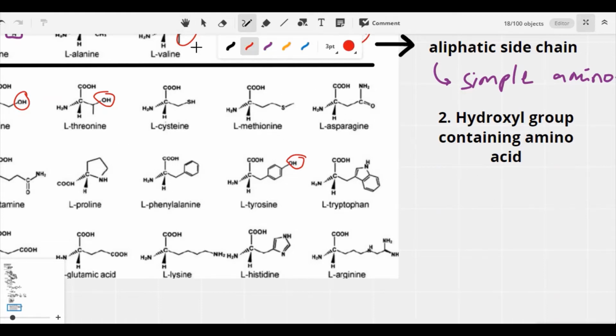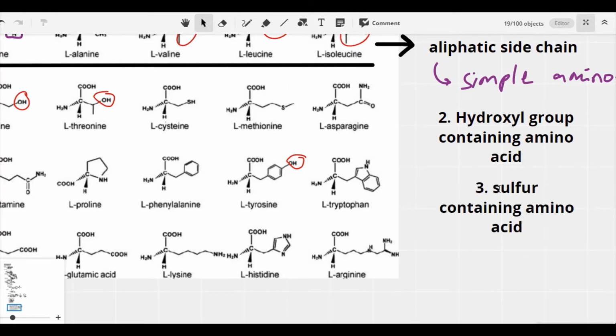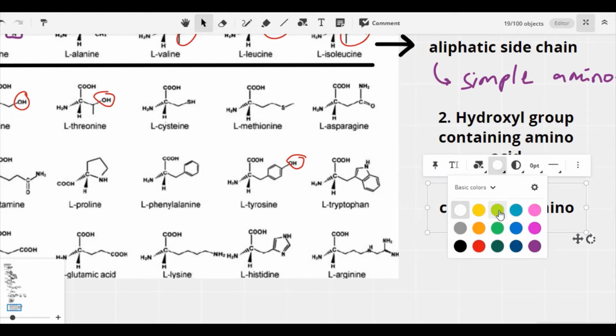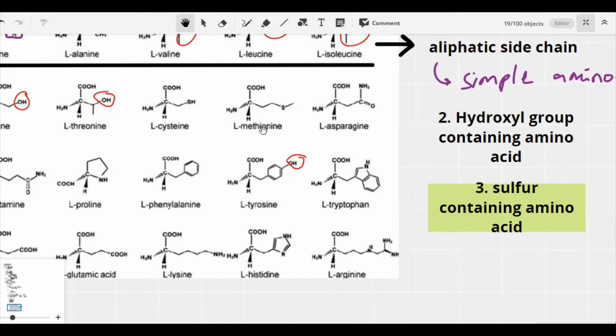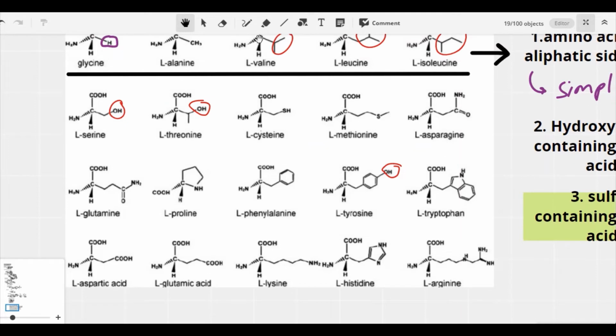Now the third one we are going to classify is the classification based on the sulfur containing amino acids. In this case again we have to check those amino acids that contain a sulfur group.